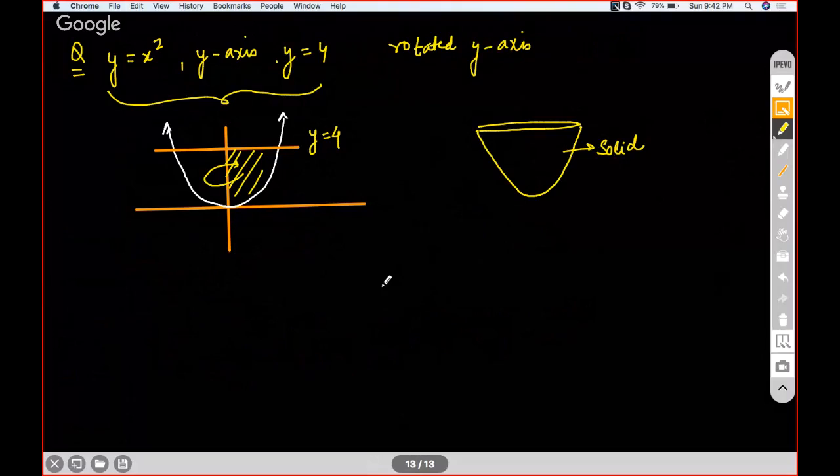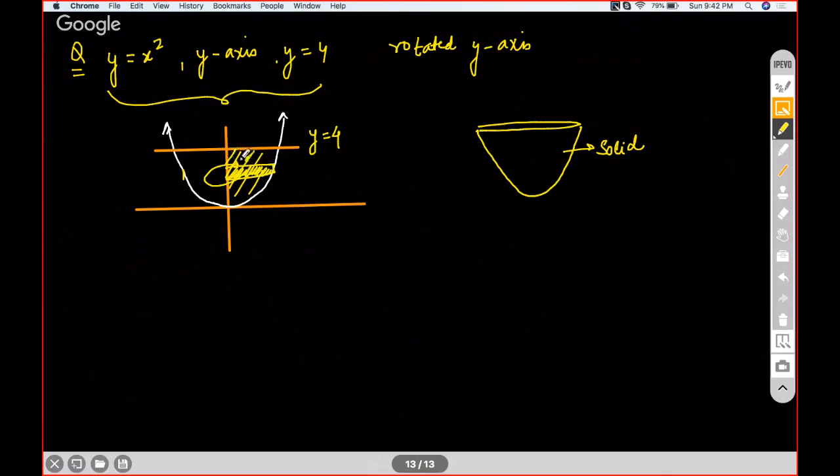So the answer is 8 pi. What do you say, Aditya? Yes, sir. Eight pi is correct. So this is the disk that you will form, this is what you will rotate. So this is the radius.